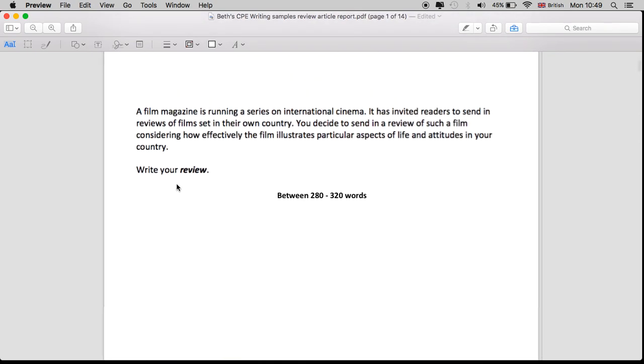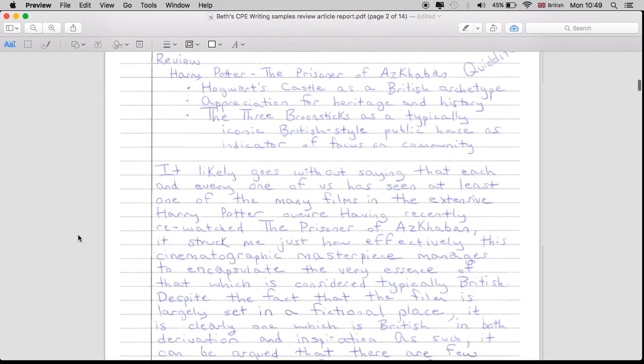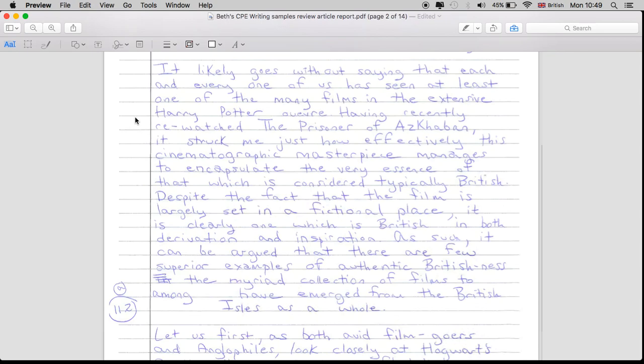If you're writing a review of a film, some nice vocabulary would be an extensive oeuvre, a cinematographic masterpiece, to encapsulate the essence of something, that a film is set in a fictional place, that something is authentic, a myriad collection. Myriad just means a lot of.